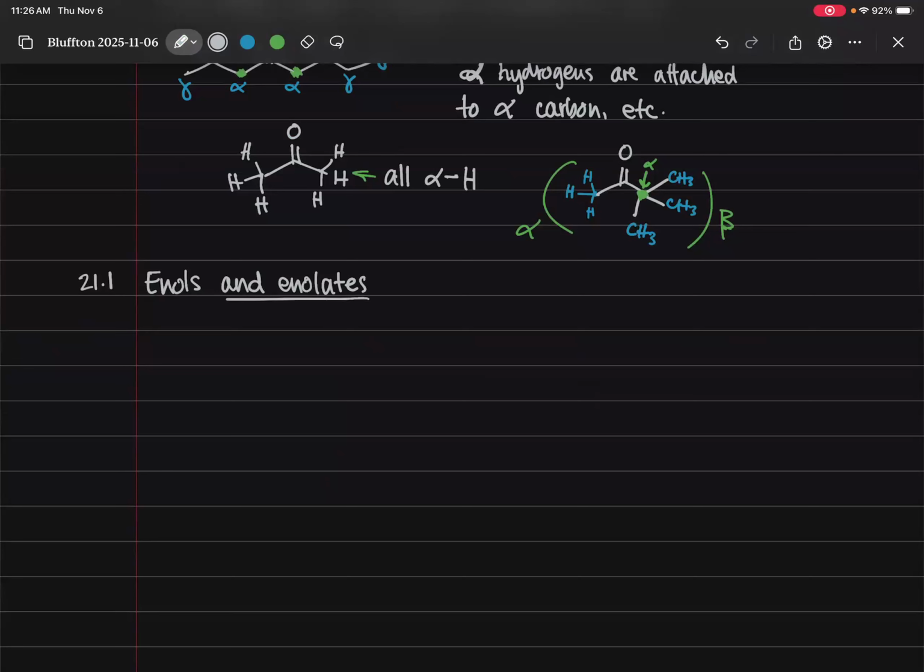So the two functional groups we're going to talk about are enols and enolates. They're really kind of the same thing. The word enol sounds like en plus ol, which implies that it's an alkene plus an alcohol. And that happens to be the case. Enols and enolates both start from a carbonyl compound.